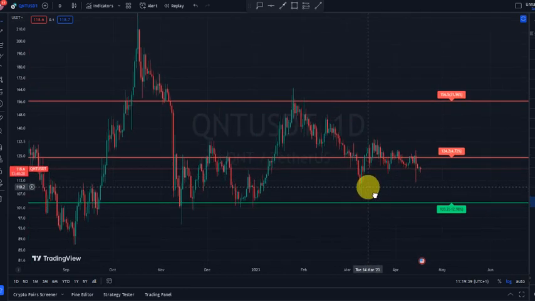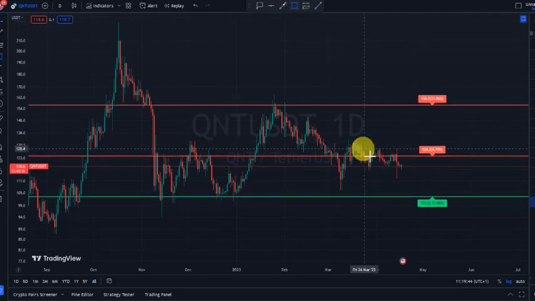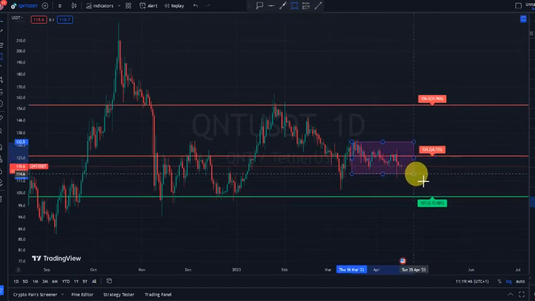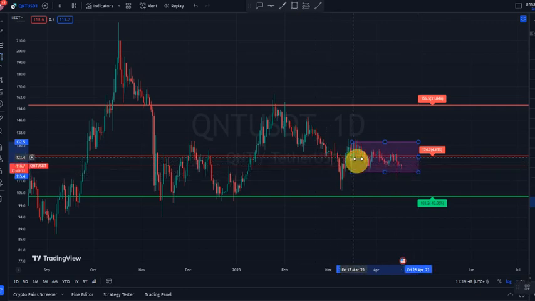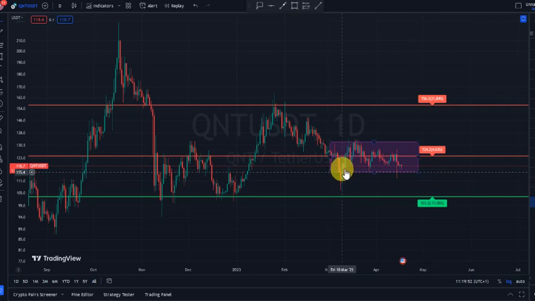If you look at the price chart for QNT, you can see that we are in some sort of consolidation right down from March.